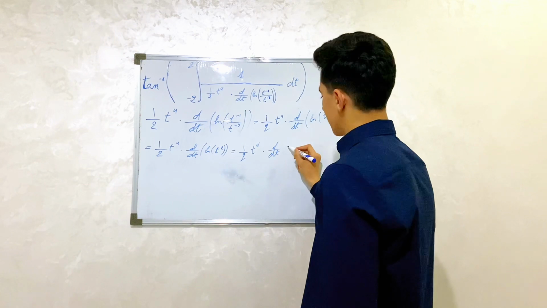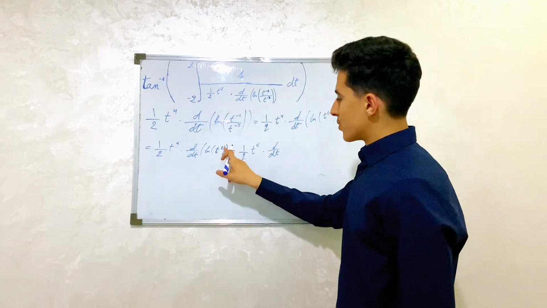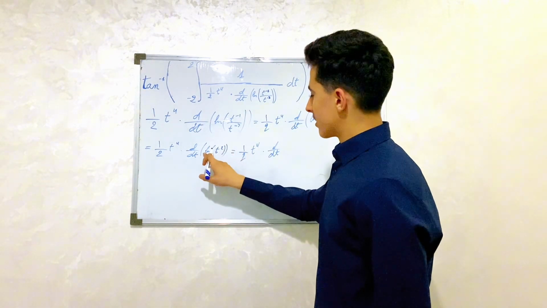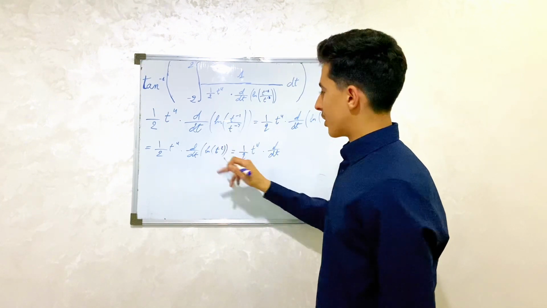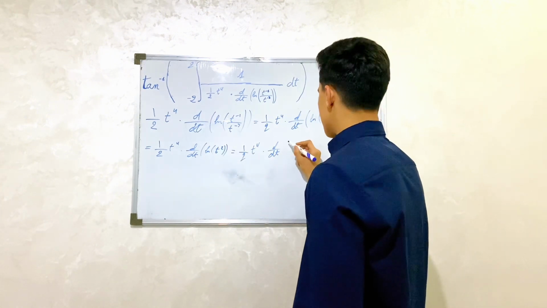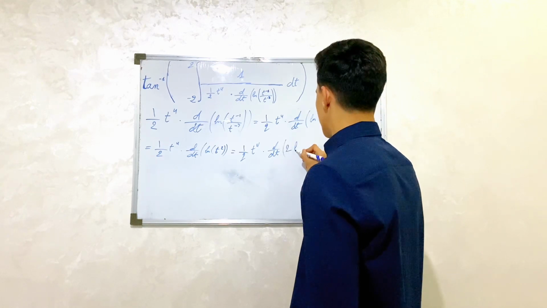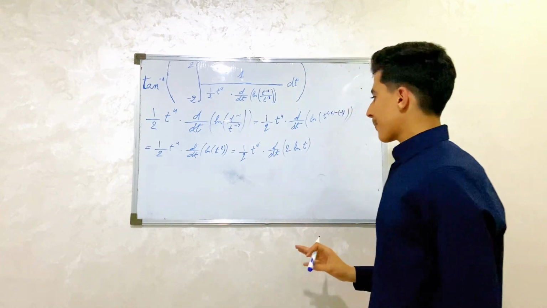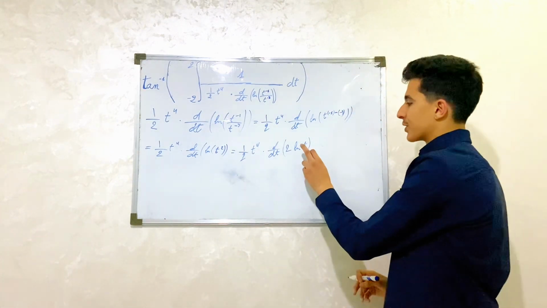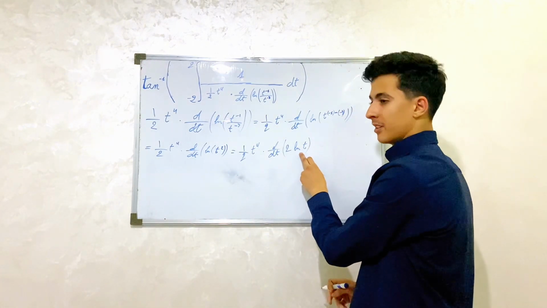By log properties, we can just get this square out here. We can just put the power down, giving us 2 natural log of t. What's the derivative of the natural log of t? It's 1 over t.